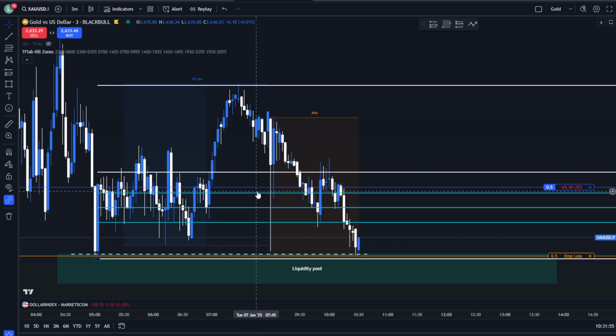And if we're not getting that immediate or quick move up, it's a sign that we're not on the right side of the market, that we were wrong about our initial analysis. So we need to be watching what price does even after we get into that trade.